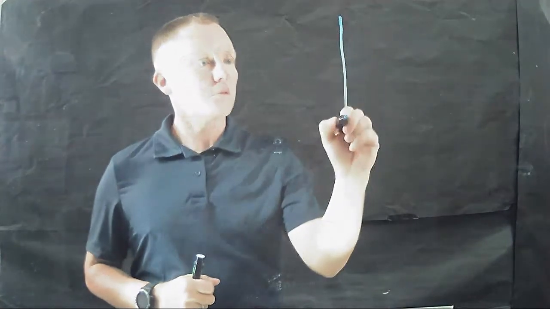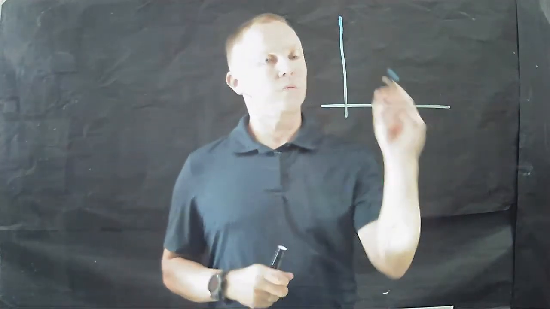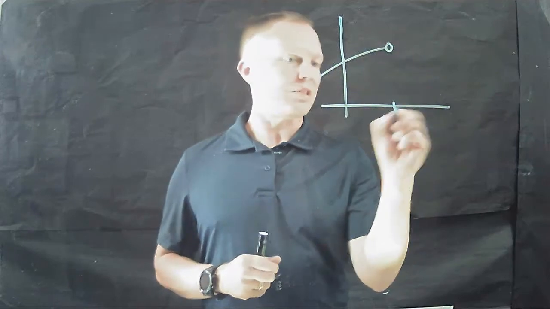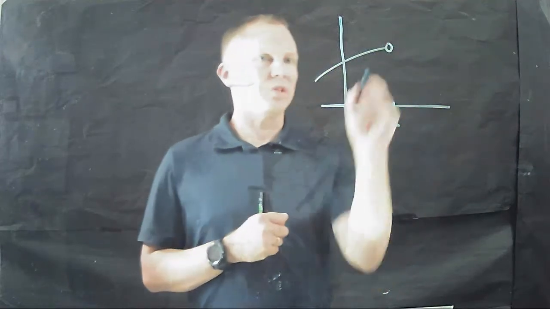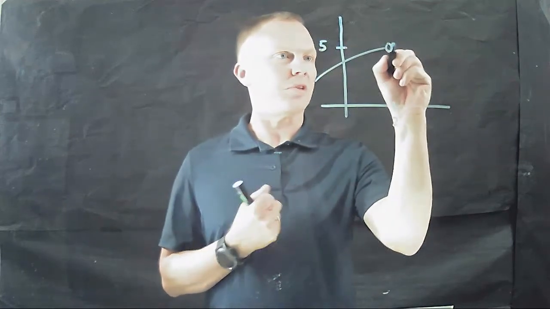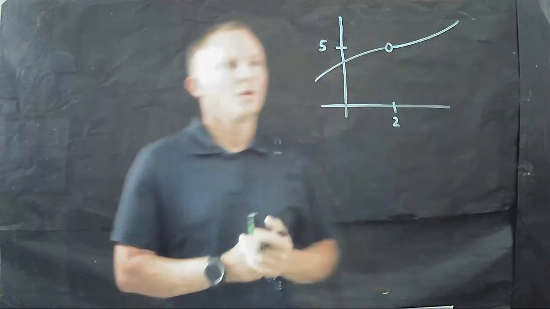So I'm just going to draw some pictures of some graphs. We're going to use the same numbers here. We'll say this is 2, and that's 5. We use a lot of these same numbers, so the graphs are easy for you to sketch.